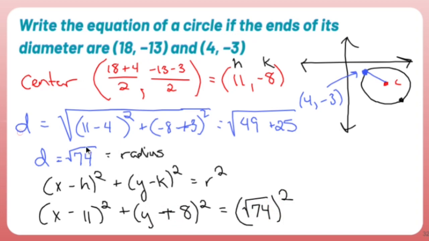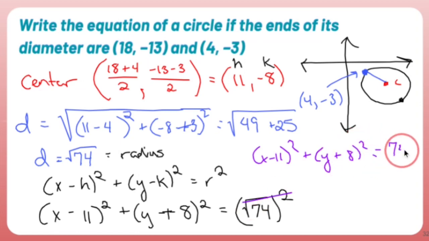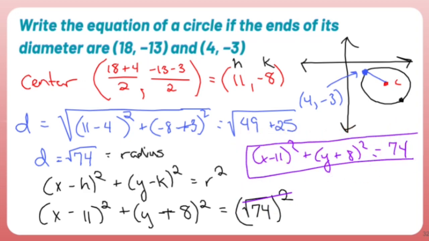And the grand finale is going to be (x minus 11) squared plus (y plus 8) squared equals, these guys cancel each other out, 74. Circles. Fun.